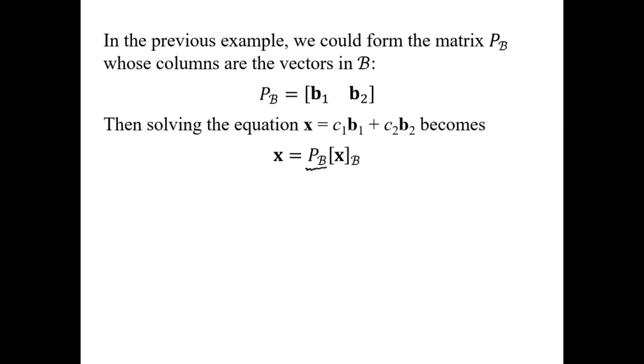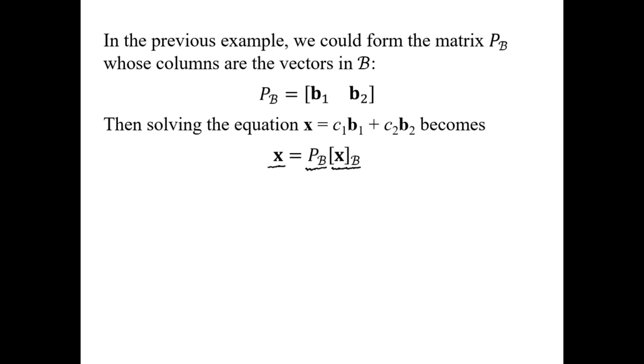It's a little weird because this time, we're trying to solve for those coefficients. And then x, the vector that we're trying to find the coefficients for, is the other side of the equation. We're used to the x being the thing we're solving for, but in this case, it's the coordinates that we're solving for.